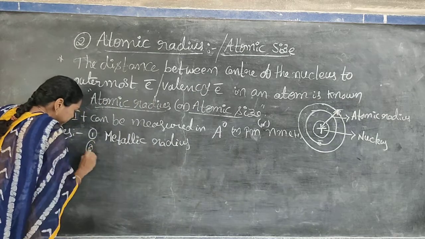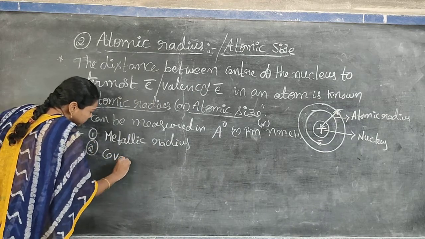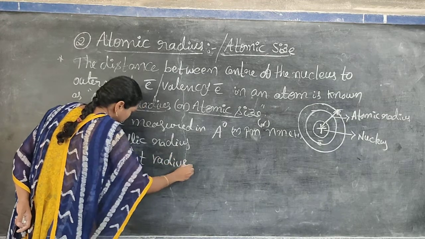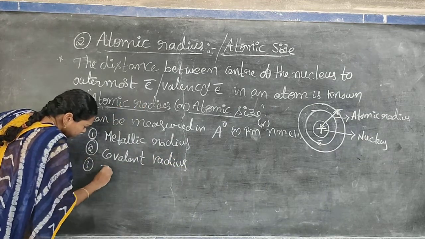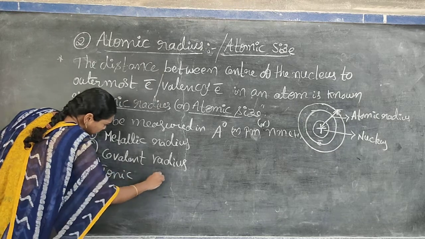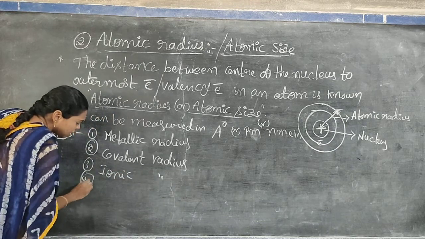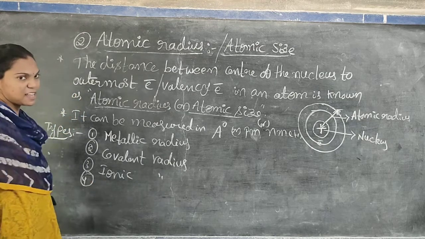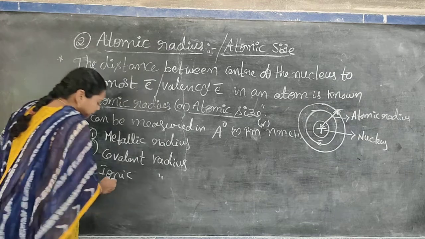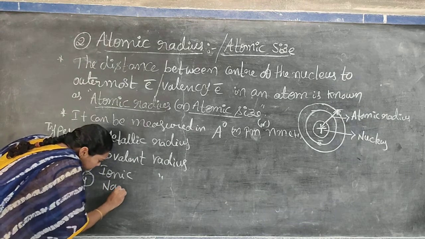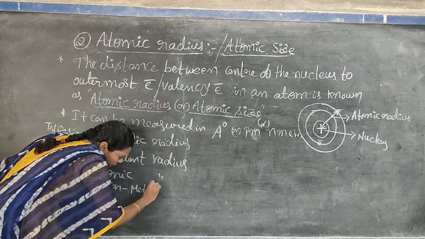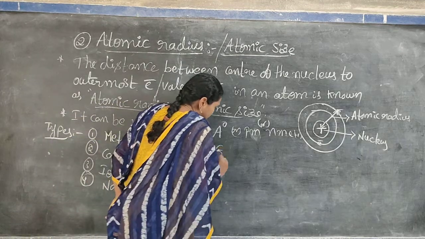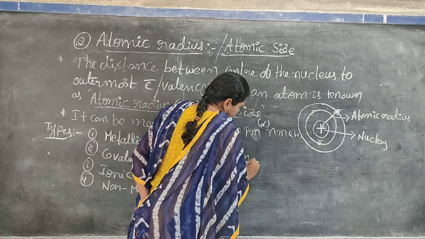Metallic radius, covalent radius, ionic radius, the fourth one, non-metallic radius, and the fifth one, non-bonded atomic radius.